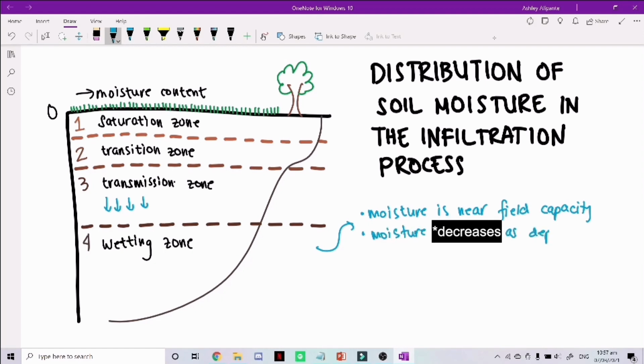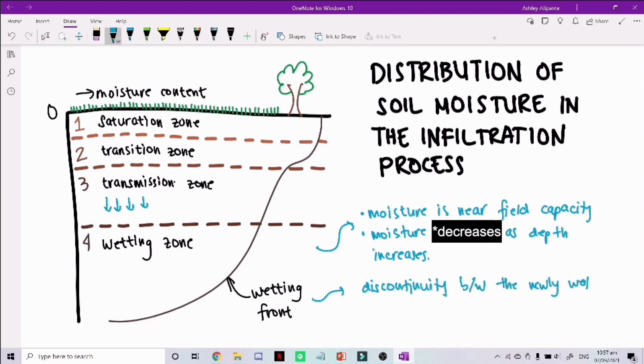Tapos, ang boundary naman ng wetting zone, ang tawag wetting front, dyan nagkakaroon ng discontinuity between the newly wet soil at ng original moisture content ng soil. Depende sa amount ng infiltration at physical properties ng soil, pwedeng ma-extend ang wetting front from a few centimeters to meters.